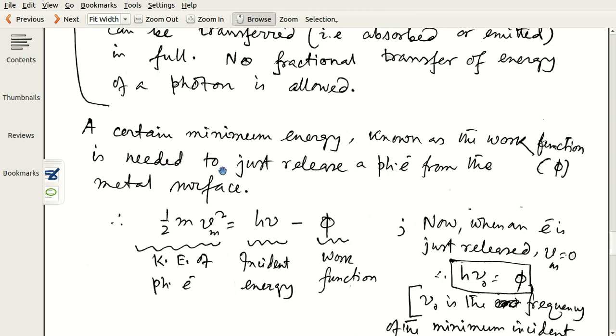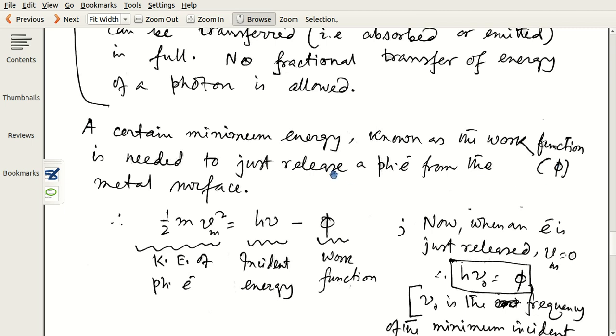Now, it is known that a certain minimum energy is needed to just release a photoelectron from the metal surface. The threshold frequency we saw there means it was related to that particular radiation falling on the surface.